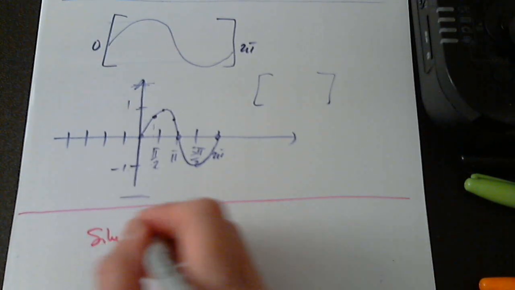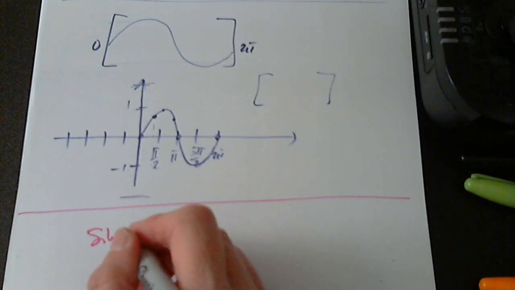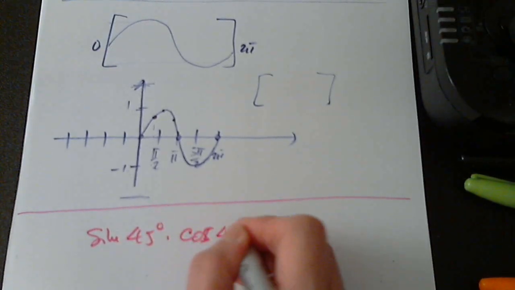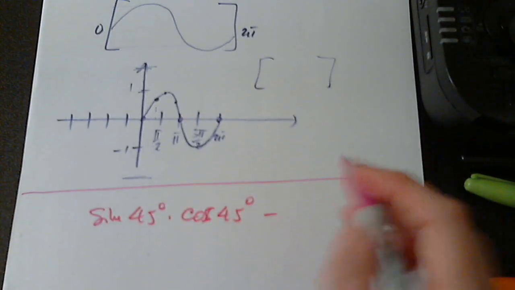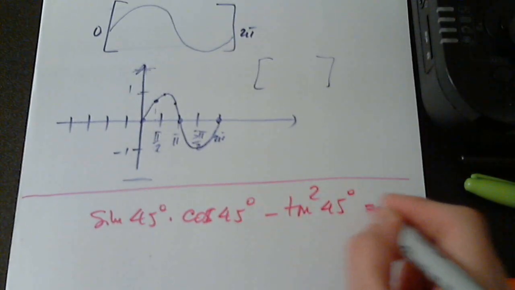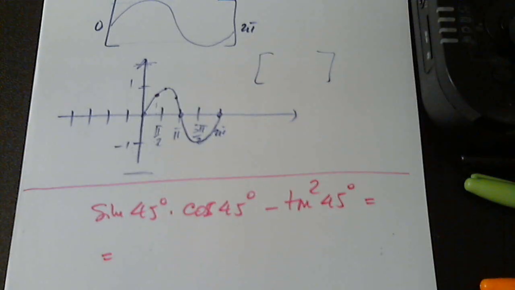Okay, so let's say sine 45 times cosine 45 degrees minus tangent squared 45 degrees, as an example. Anyone would like to help with this one? Sine 45.